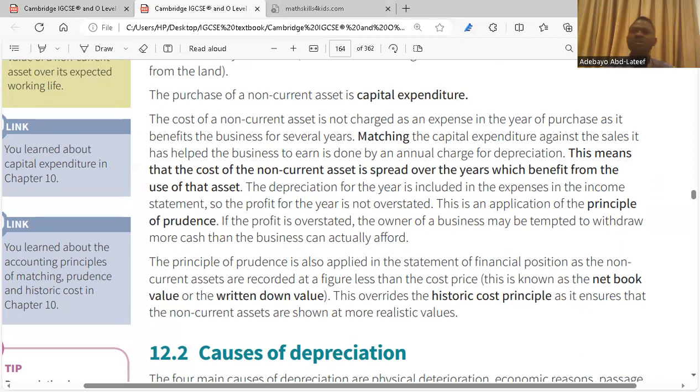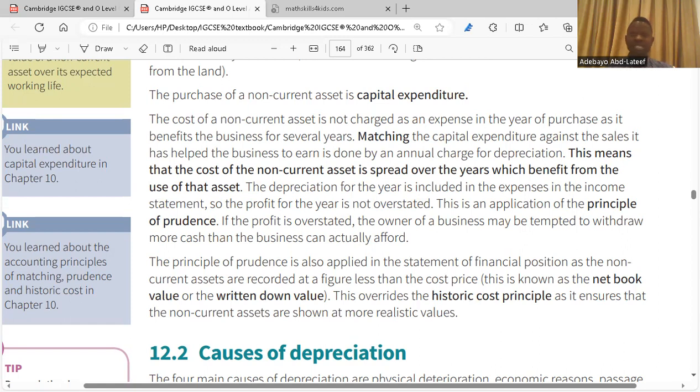The problem with overstating your profit is that you might be tempted to withdraw more than what the business can afford, because you think you have more. The profit belongs to the owner of the business, no doubt. Yes. But because you have overstated your profit, you think you have more money available, then you take it all. At the end of it, you might start having problems of liquidity.